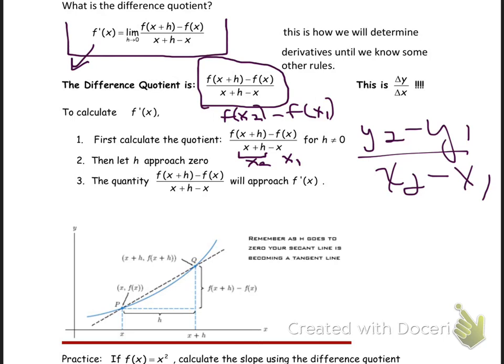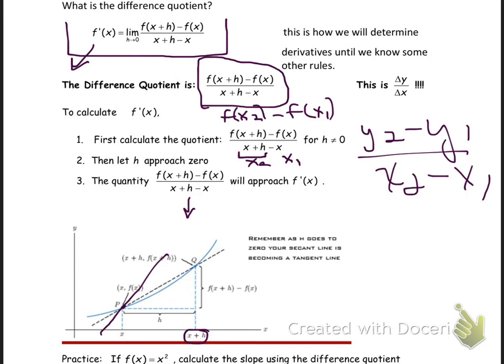Then this difference between the x1 and the x2 we're going to term as h. As h goes to 0, just like I spoke about the first time we had a slide like this, we are moving from a secant line to a tangent line. And that tangent line is my instantaneous slope, or instantaneous rate of change.